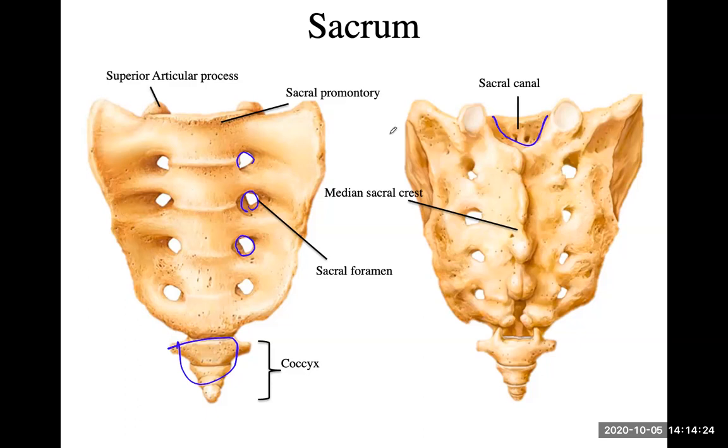You have articulation with the vertebral column, or lumbar vertebra, I should say. These are superior articular processes you see right there. And it's also right here. So these are the same structures. These two are the same as these two. And then right here, you have these bony protrusions right at the center of the sacrum called the median sacral crest. So that's the posterior view of the sacrum.